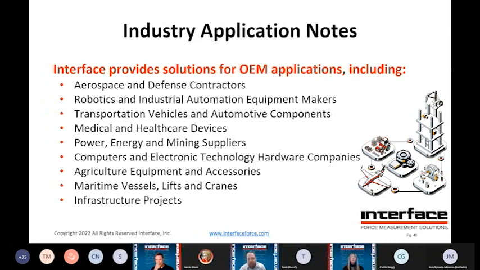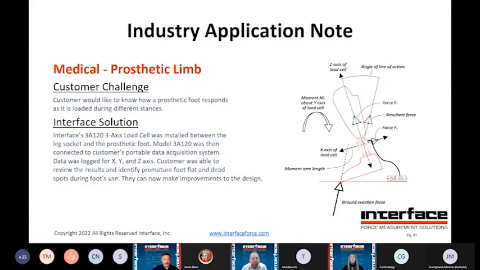It could be going into a structure. It could be going into project-based products, if you will. So we'll touch on a few application notes just to give some highlights to potential uses. Again, we typically are respectful of our OEM customers, so this will be a higher level. But Jamie, if you want to go ahead and move on to the first example.